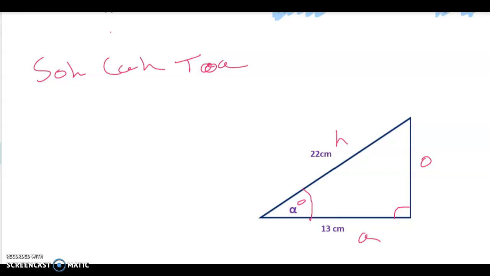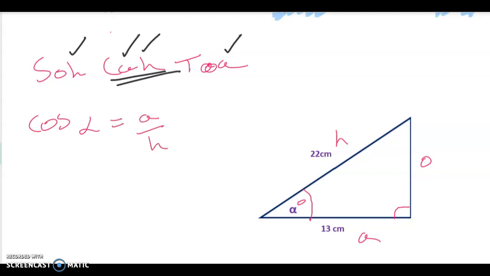So I've got my hypotenuse and adjacent, and since CAH has got the two ticks, I'm using my cosine ratio. So cos of alpha is equal to adjacent over hypotenuse.